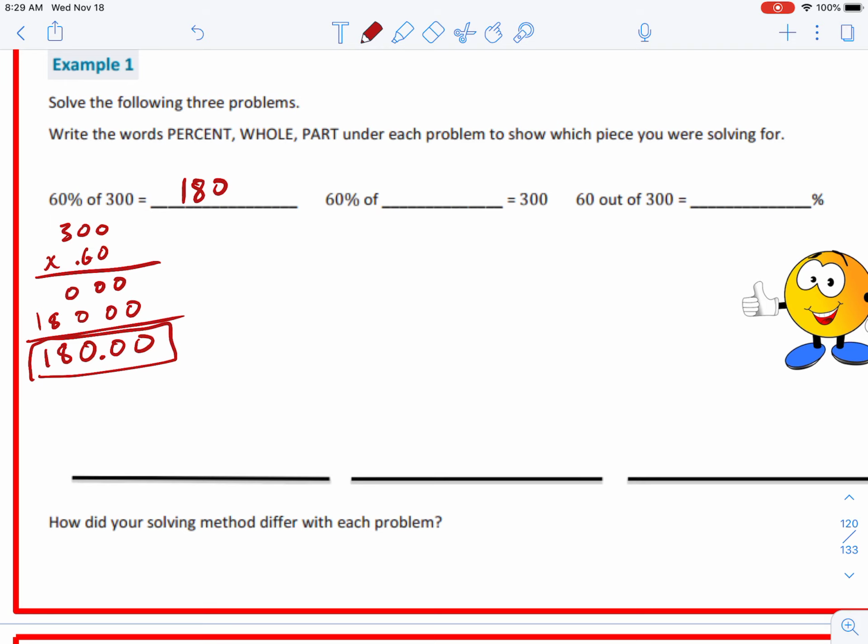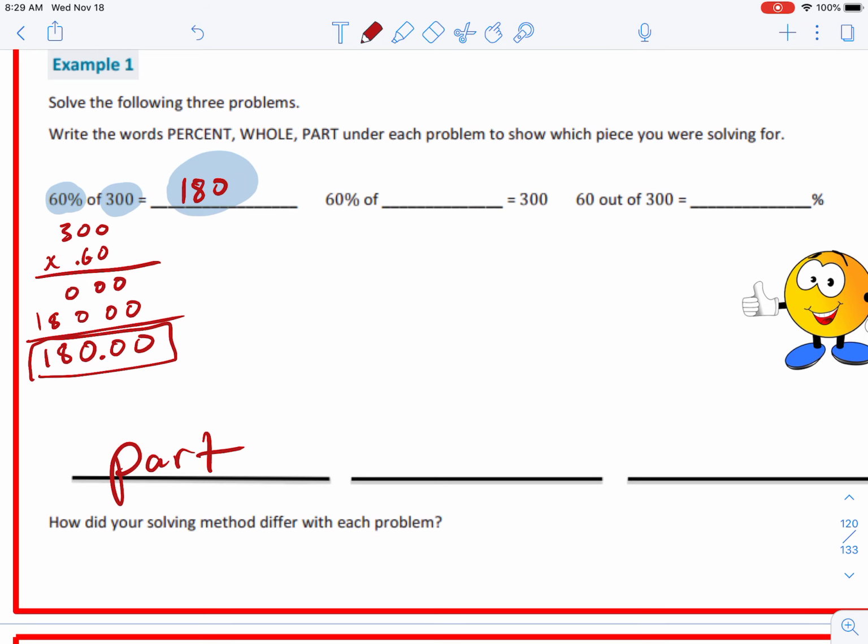Another way we could have done this is compared 60 over 100 to 300. Here we're multiplying by 3, so we have to do that to the top, and we also get 180. Okay? Now, is this 180 the percent, the whole, or the part? Well, it gives us the percentage here, and it gives us the whole, so the 180 is the part.